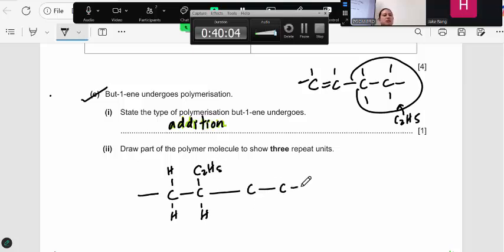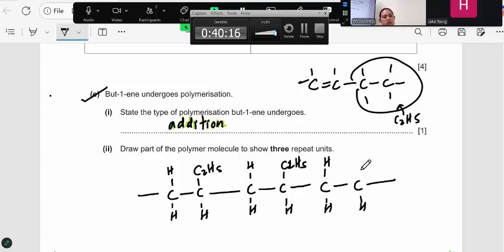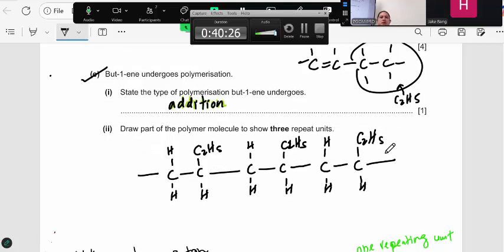Can you understand? 1 repeating unit, 2 repeating unit, 3 repeating unit. Okay? If you can do this last part, you have graduated from addition polymerization.